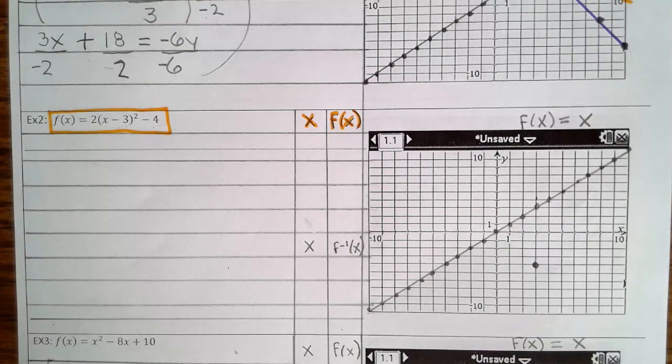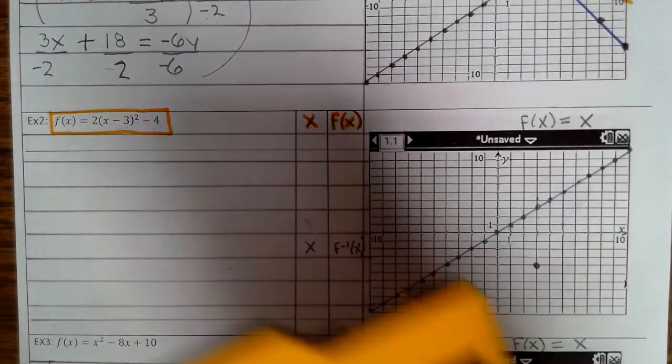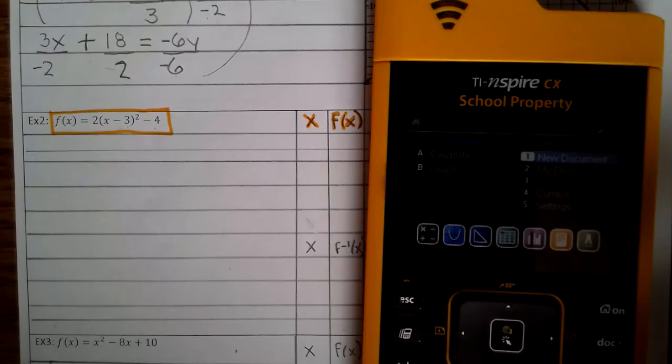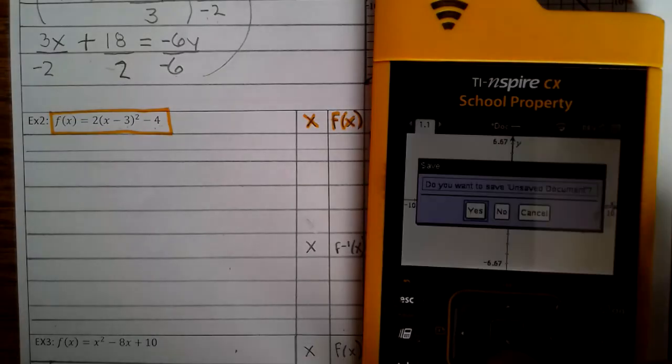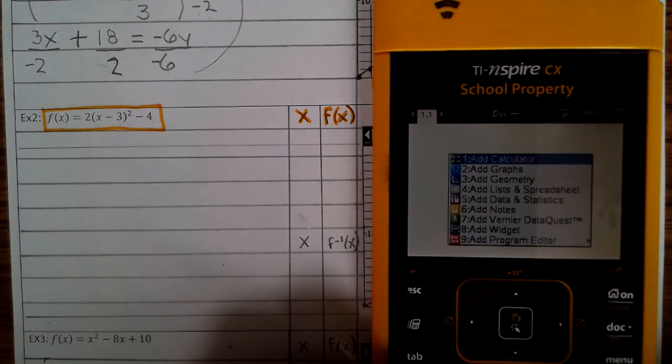Okay. Now, in this case, I'm actually going to find points for this graph, and I'll explain why in a second. So we're going to graph this on our calculator. Okay. So we're going to go to New Document, No, and it's a little dark. Brighten that up a little bit. All right. So we're going to add graph.